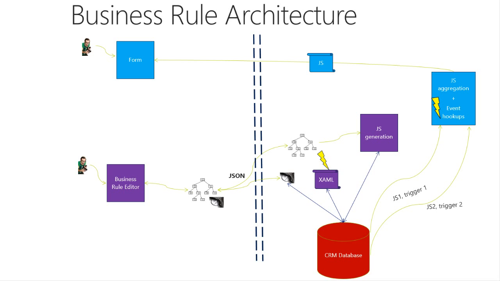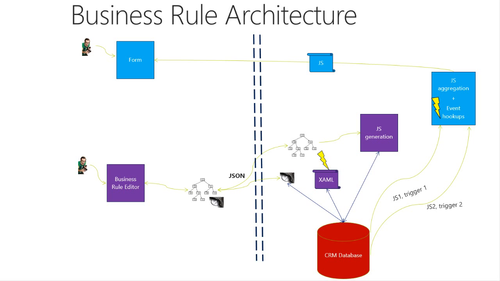So every time you go ahead and activate a business rule, there will be a walk of the tree to generate some actual JavaScript which needs to be run on the form. For each rule, there will be output JavaScript that can then get written out to the database. Only activated rules would actually get hooked up to the specific forms, and some SDK messages internally will be responsible for aggregating these rules to particular forms.